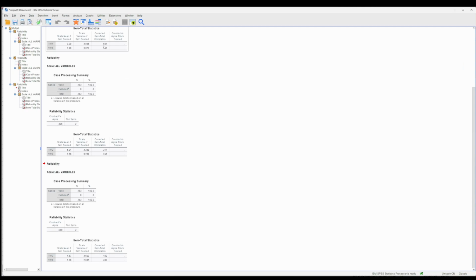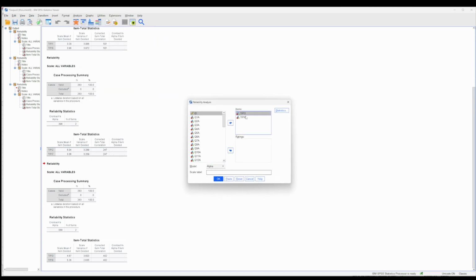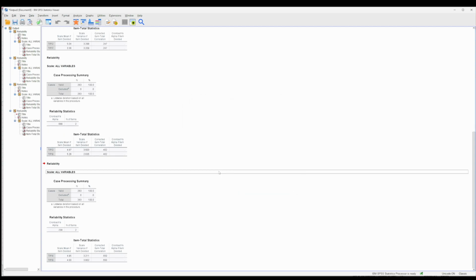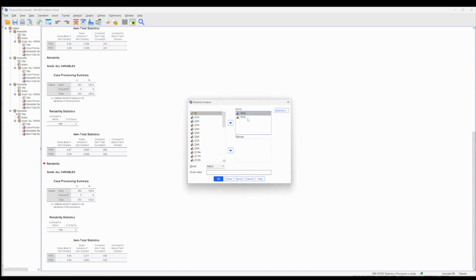Slightly better. Emotional stability. Let's have a look. So that would be 4 and 9. 0.708. Okay, so we're getting a little bit better as we go along. And finally, let's have a look at 5 and 10 for openness to new experiences.